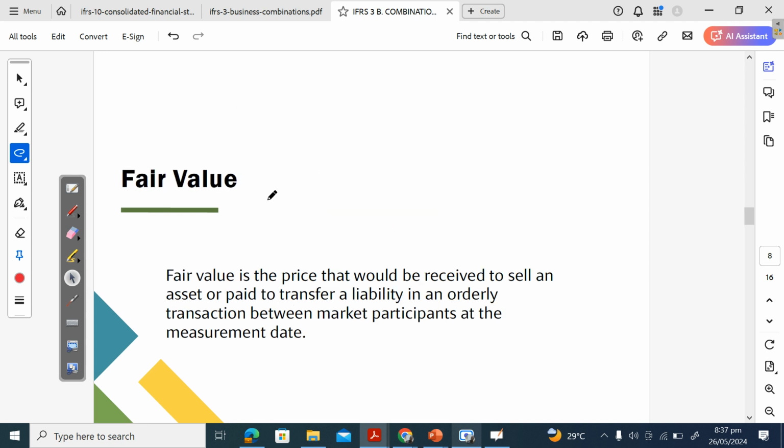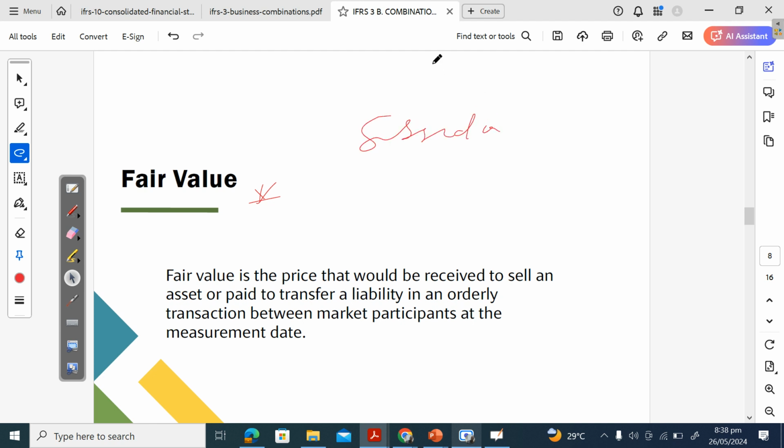All right, let's look at the concept of fair value. Fair value is basically the market price of an asset or liability. Okay, so the standard says that whenever you acquire a new company, whenever there's a business combination, or whenever there's an acquisition, the acquirer or the parent company has to value all the assets and liabilities of the subsidiary at fair value. It means that the acquirer or the parent has to determine the market prices of all the assets and liabilities of the subsidiary.